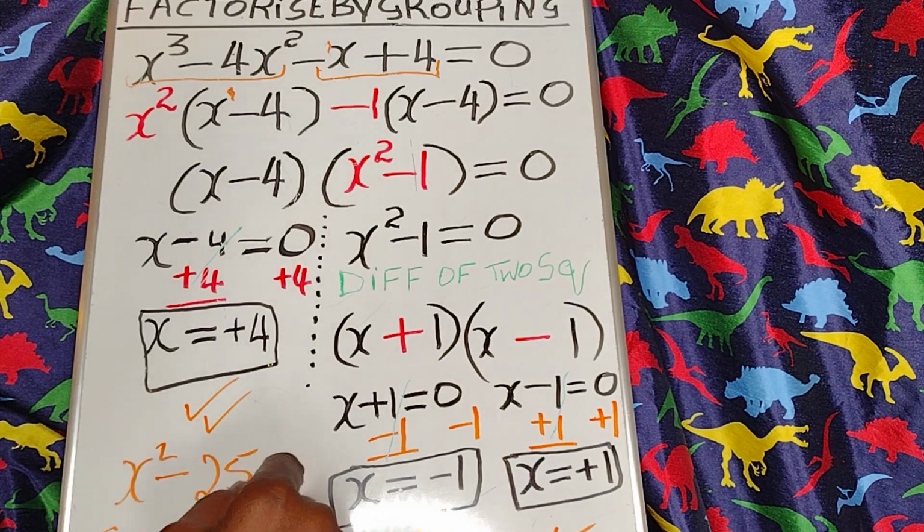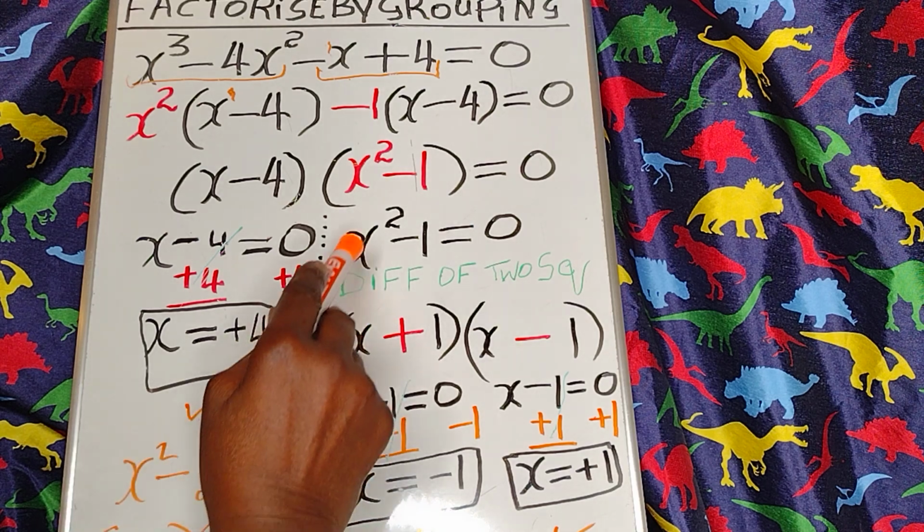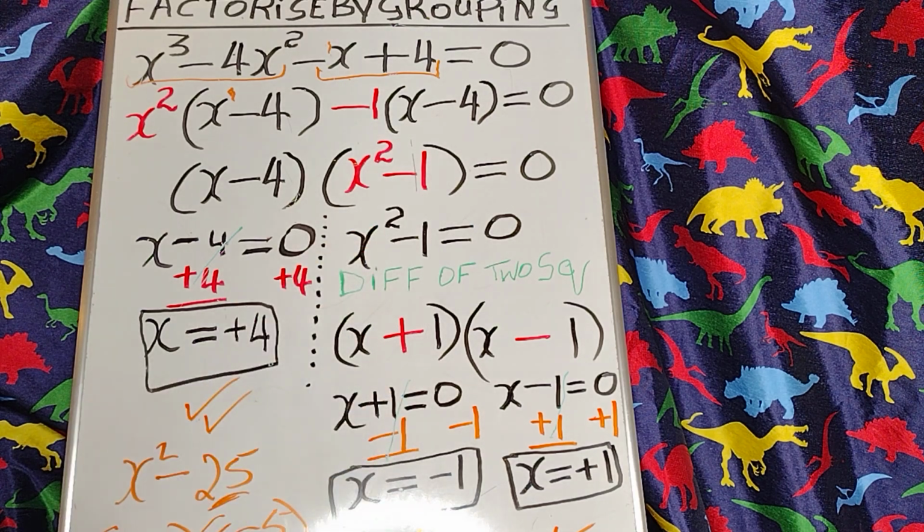So now if you have to factorize the difference of two squares, you are splitting the x's this way, x on this side and x on this side. Now you have to split the 25, which is 5 and 5.